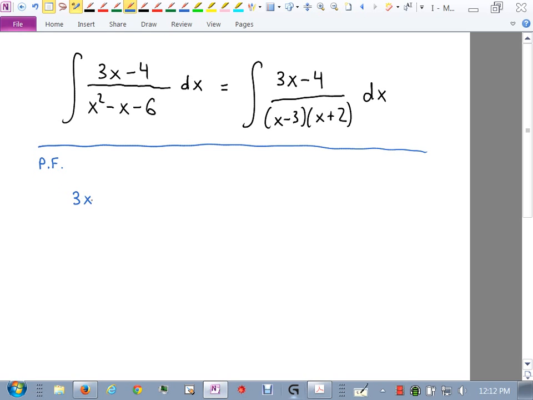I need to take 3x minus 4 over x minus 3 times x plus 2. I need to turn that into two pieces, one for each distinct linear factor. I will have two constants on top.